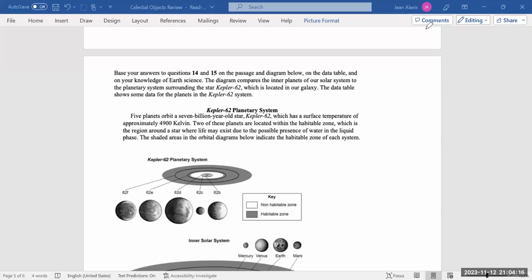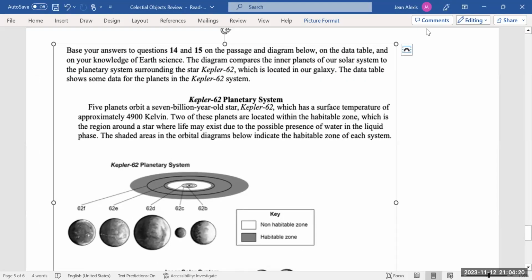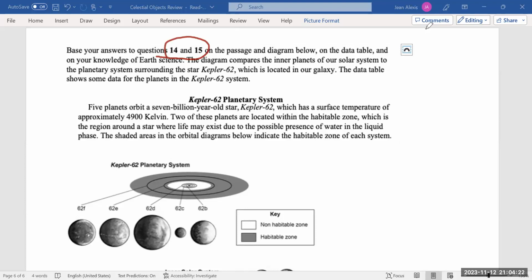All right, so it says, base your answers to question 14 and 15 on the passage and diagram below. So the passage and diagram below can help us with question 14 and 15. All right, on the diagram below and on the data table and on your knowledge of earth science.